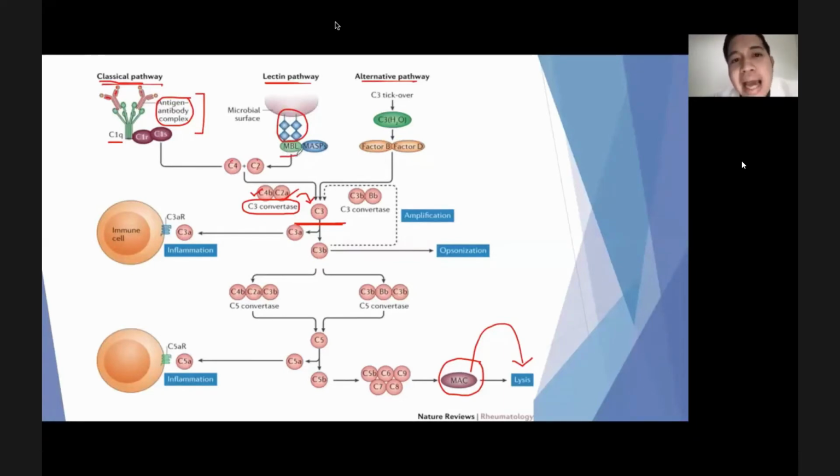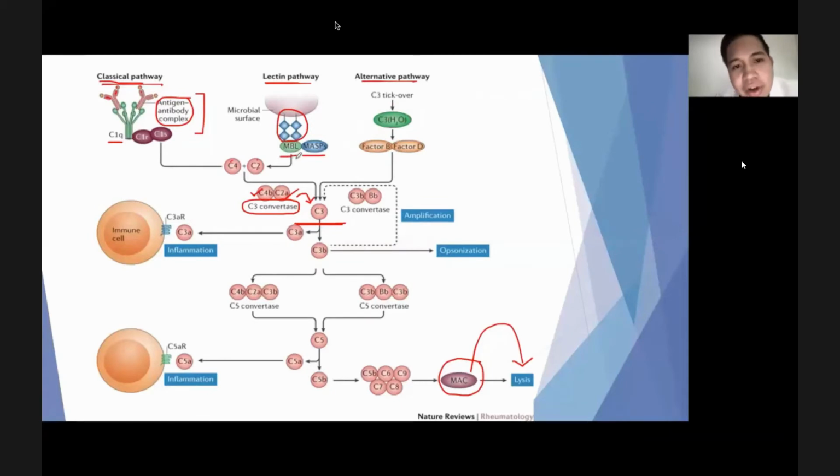Your mannose binding lectin, which is again a soluble protein that is found in the serum.